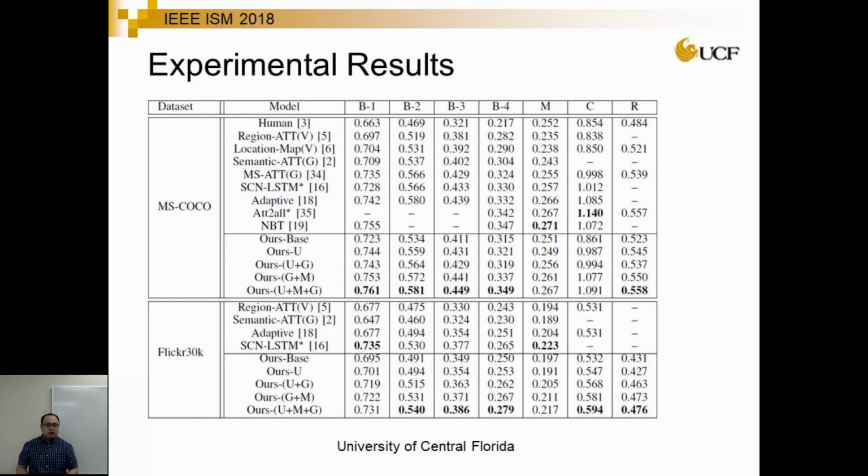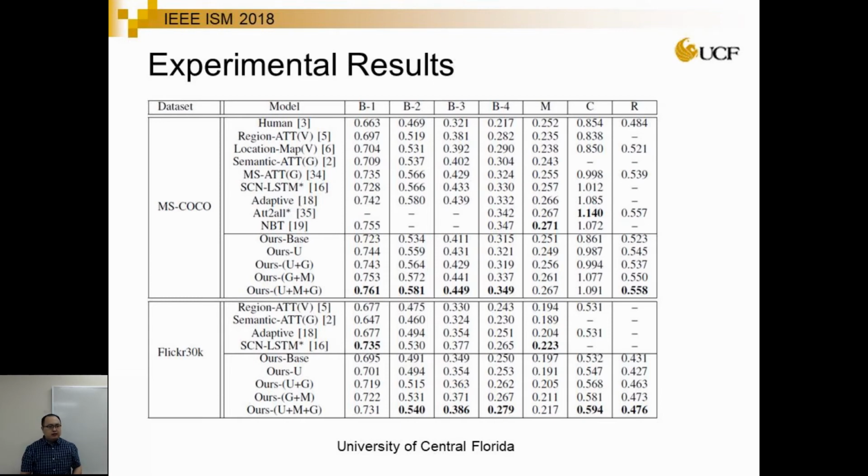We see that the object graph and the matching provide significant improvement compared with our baseline and other settings. And finally, our setting that integrates all of the features outperforms our other settings.